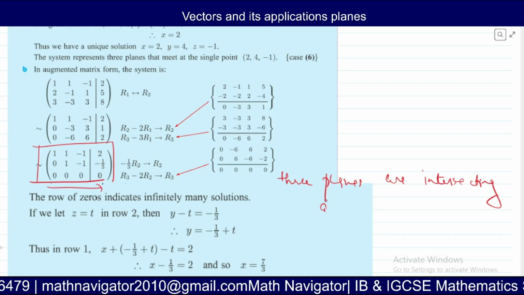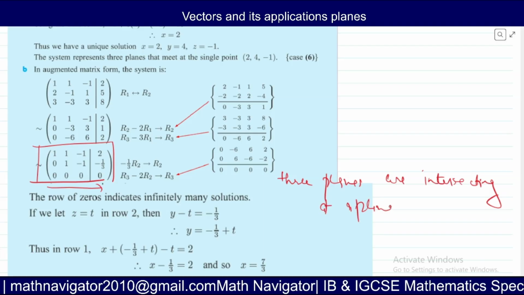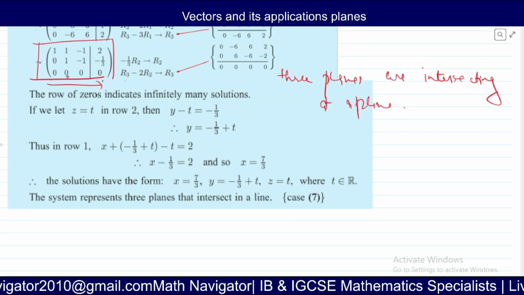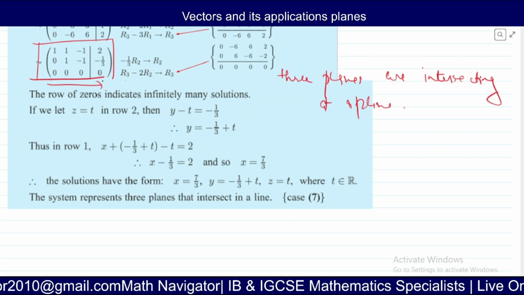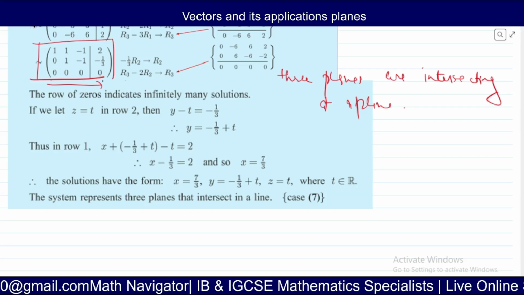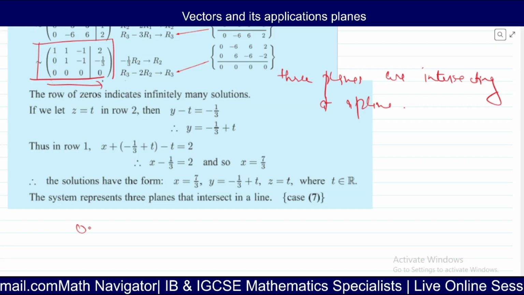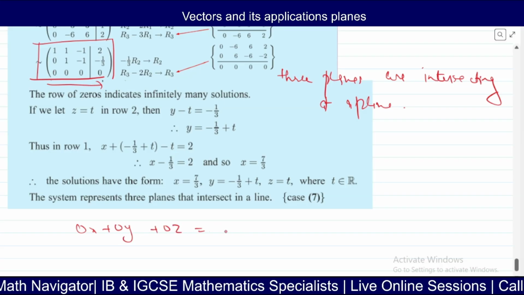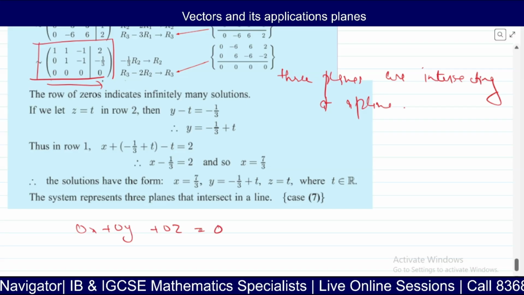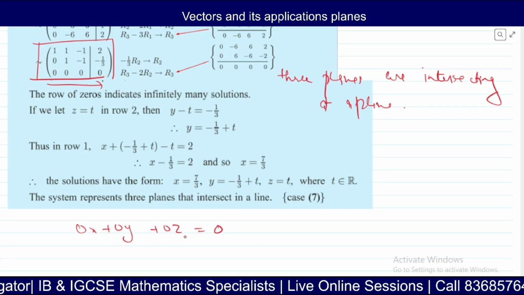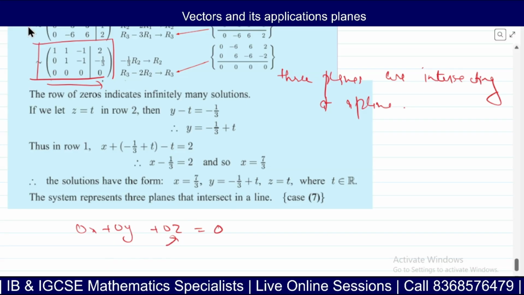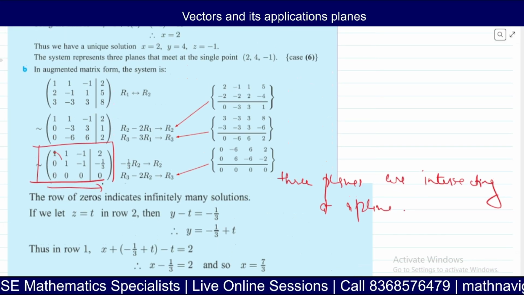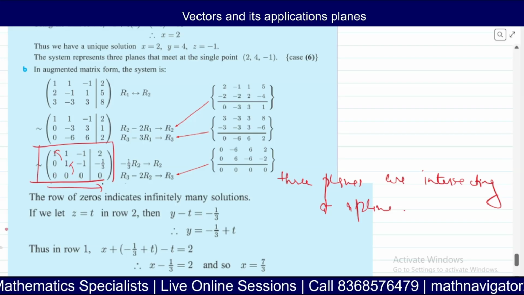And how to make the equation of this, I'll explain how it is. In this case, I have 0x plus 0y plus 0z is equal to 0, right? So I can have any value of z. Why only z? Why not x and y? Because here x will have a certain coefficient, here y is having a certain coefficient, right?